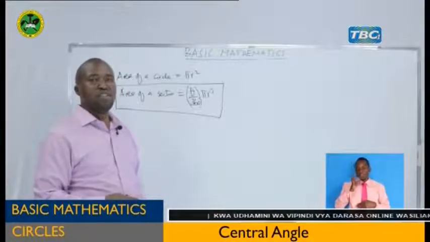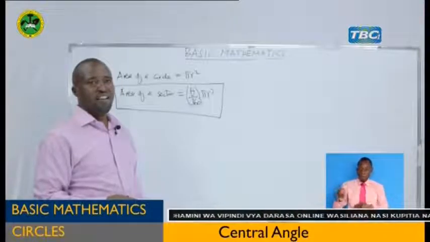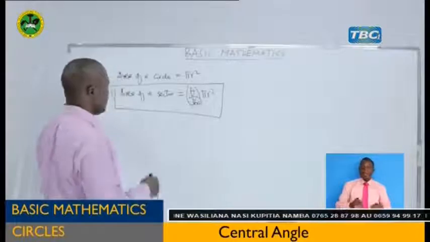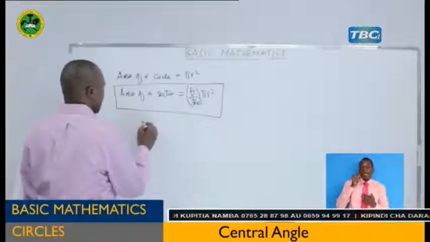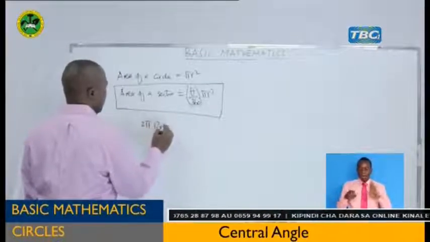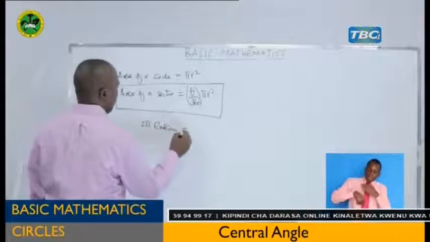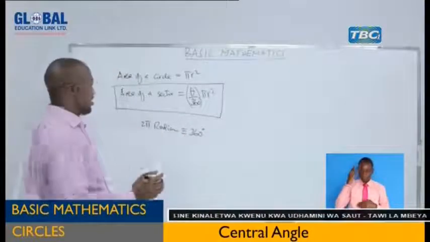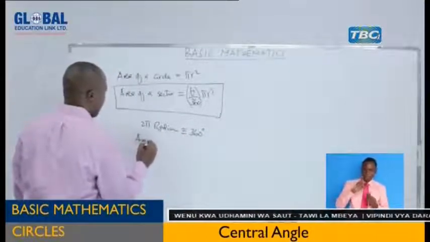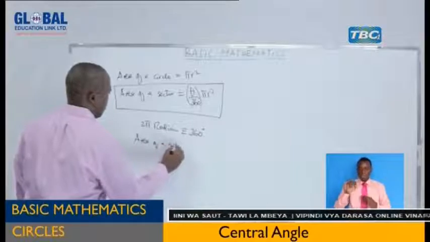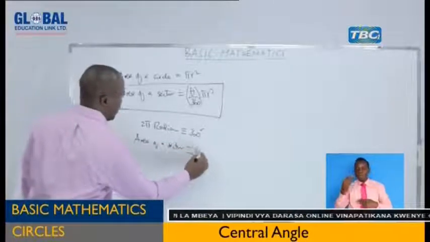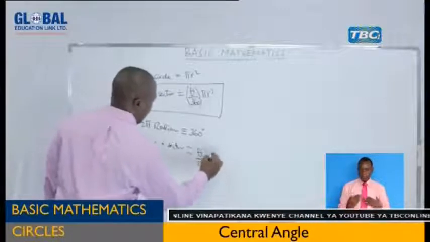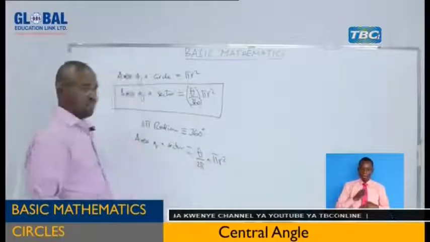Now what about in radian measure? I'm sure you remember the relationship. We say 2 pi in radian is equivalent to 360 degrees. So in this case, the area of a sector will be equal to theta over 2 pi times pi r squared.